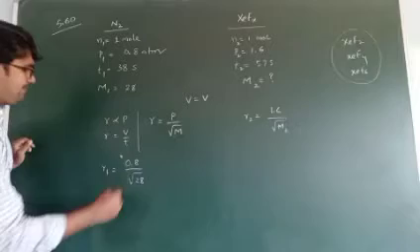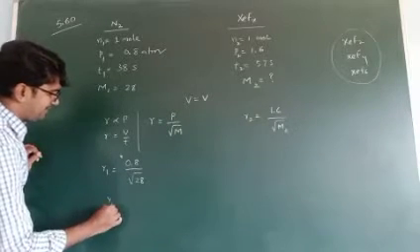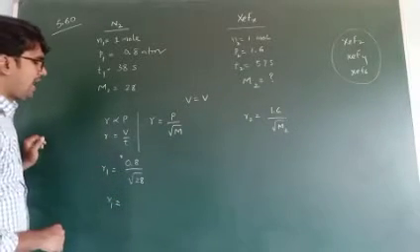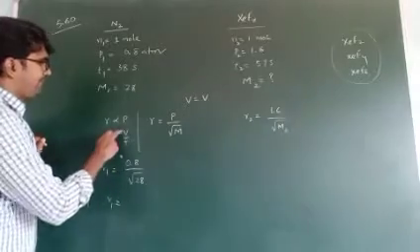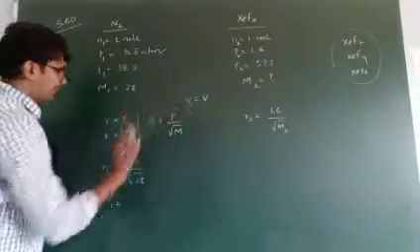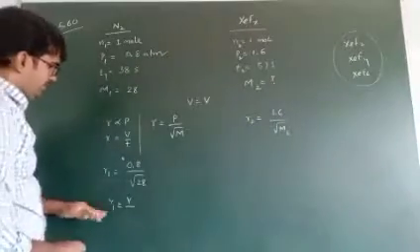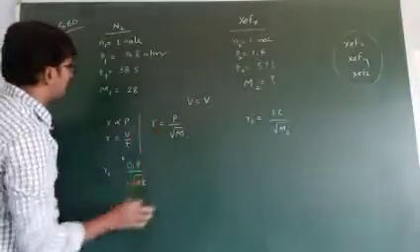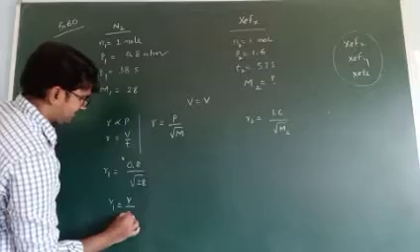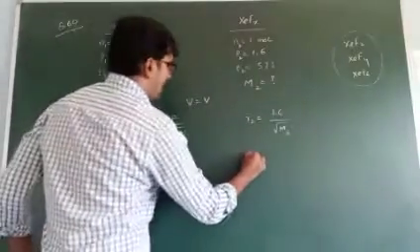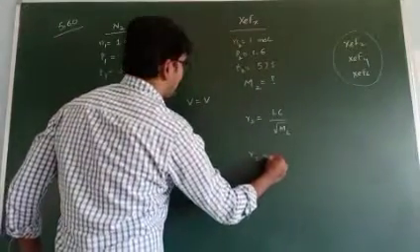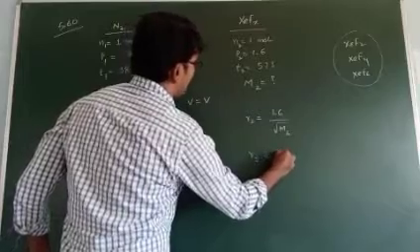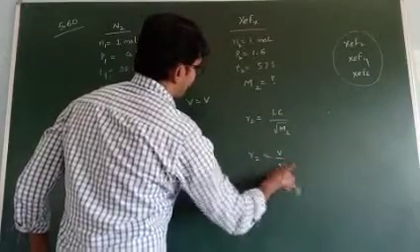And volume and time is given. So R1 is equal to V by T. Volume is same in both cases. So R1 is equal to V by T1, T1 is 38. And R2 is equal to V by T2, volume is same, T2 is 57.